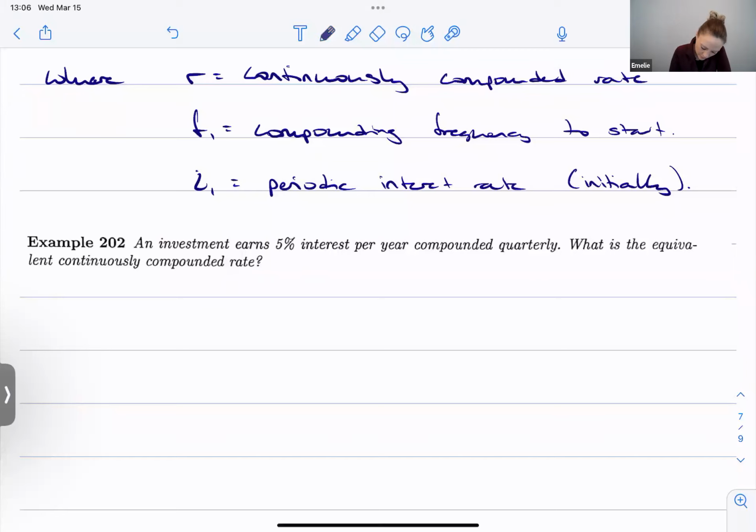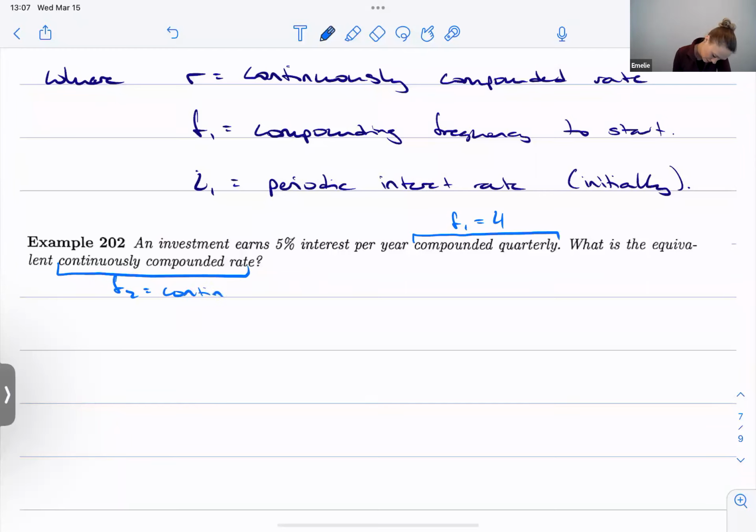So here, F1 is quarterly, so 4. And F2 is continuously. R1 is 0.05, and what I want to find is R2, but it's just going to be denoted by R.